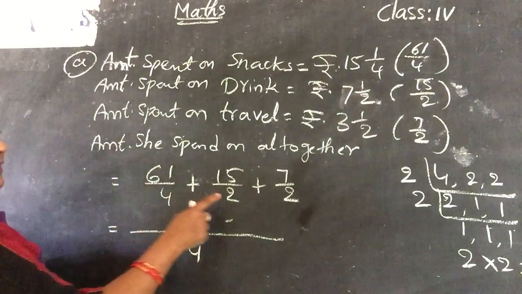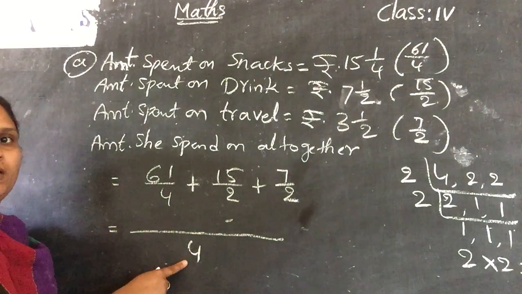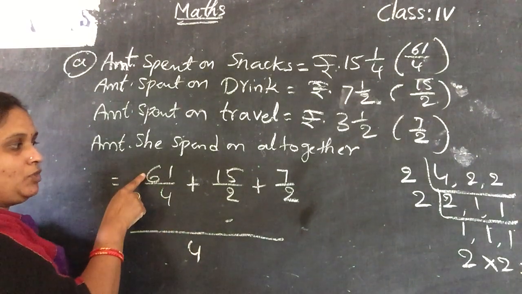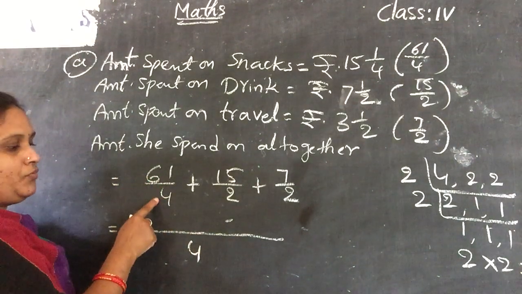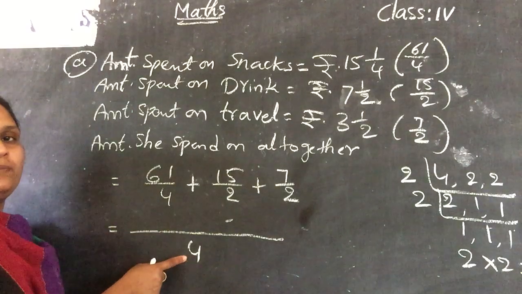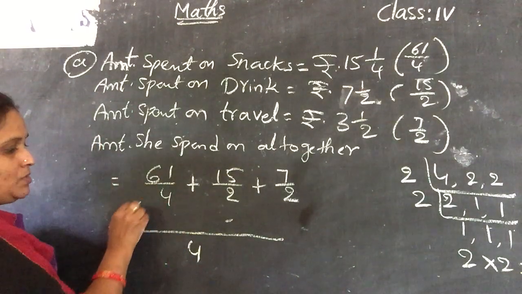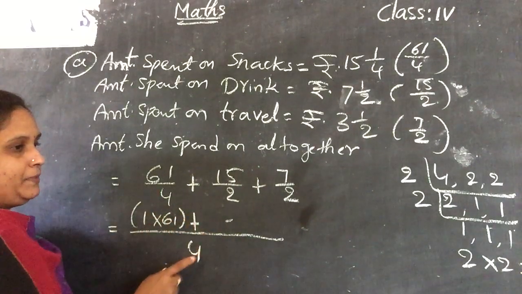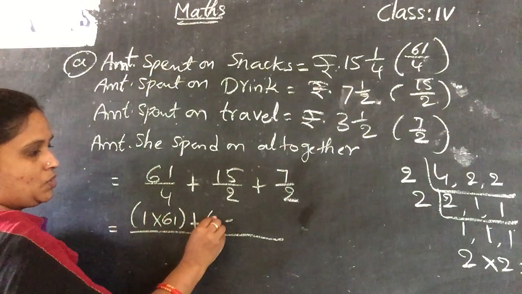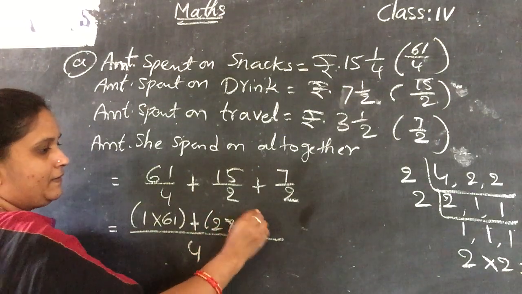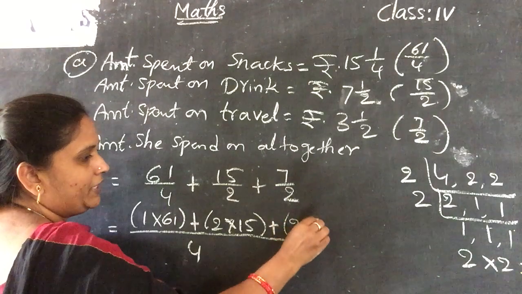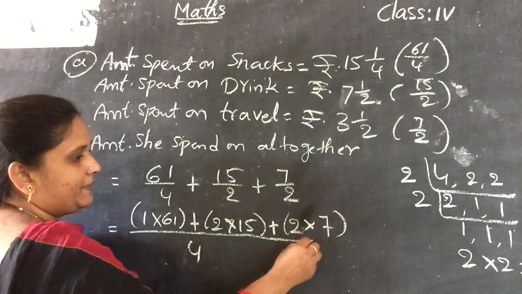Okay, now all the denominators have to divide into the LCM, and the quotient you get has to multiply with the numerator. In the 4 table, how many times will 4 divide, children? 1 time, so 1 into 61, plus in the 2 table, 4 divides 2 times, so 2 into 15, plus again 2 into the numerator 7.